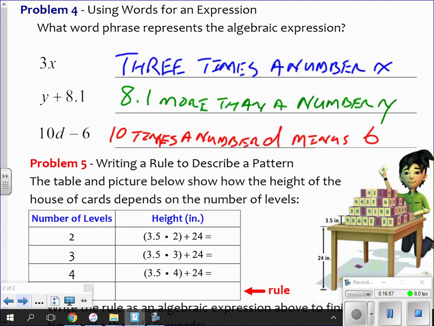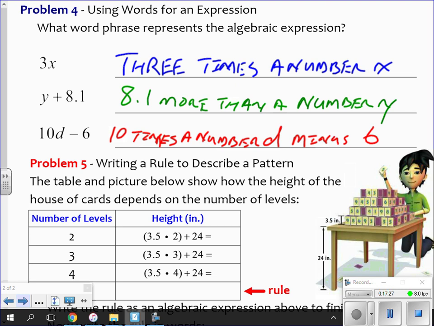Does that make sense? Most of the ones we've done would have started 6 less than 10 times the number d. It is possible to do it the other way, to do the subtraction at the end. You just have to word it carefully. Either one would be okay. Like I said, there's more than one perfectly good answer for this question. So if this was a test question, there would be more than one perfectly good answer.